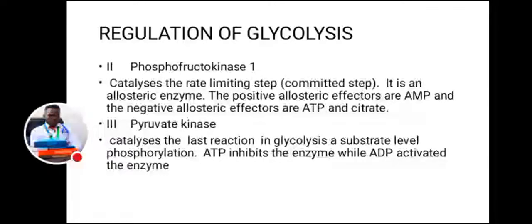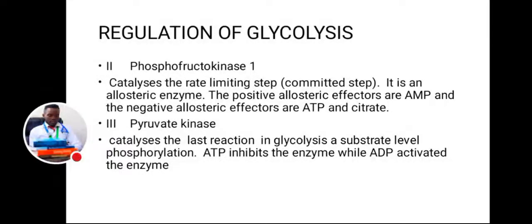It is an allosteric enzyme, where the positive allosteric effector is AMP, that is adenosine monophosphate, and the negative allosteric effectors are ATP and citrate. So these are the activators, the positive effectors. Then the third enzyme that facilitates the regulation of glycolysis is pyruvate kinase.